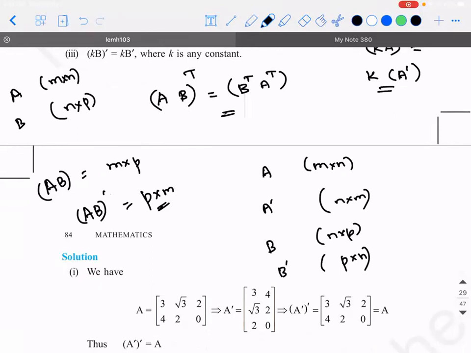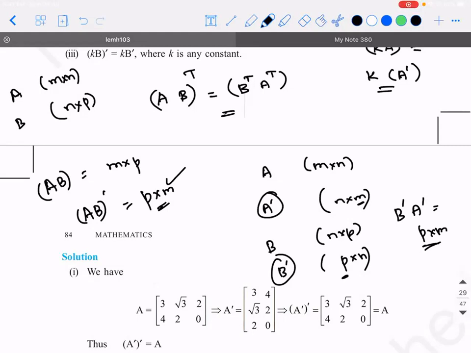Now, which two matrices are feasible? Which is the order in which you have the feasibility to multiply with respect to transposes? Can you multiply A transpose into B transpose? Obviously, no, because the number of columns here are different. Whereas if you do B transpose into A transpose, yes, what will you get? You will get a matrix of order p by m.